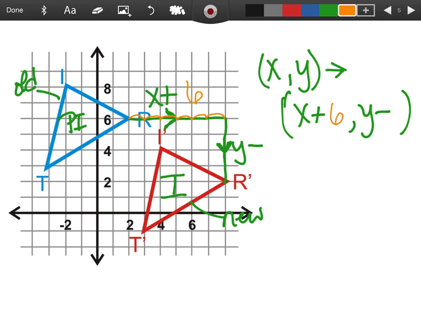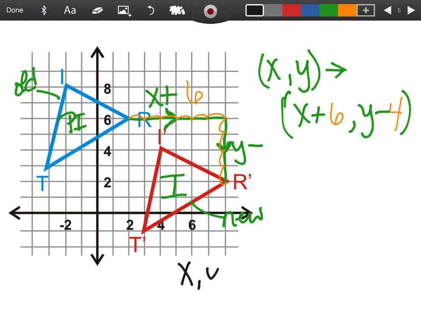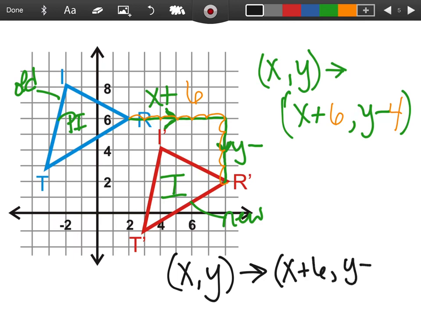And then down was 1, 2, 3, 4. Okay, so my new rule is going to be X comma Y translates by X plus 6, Y minus 4.